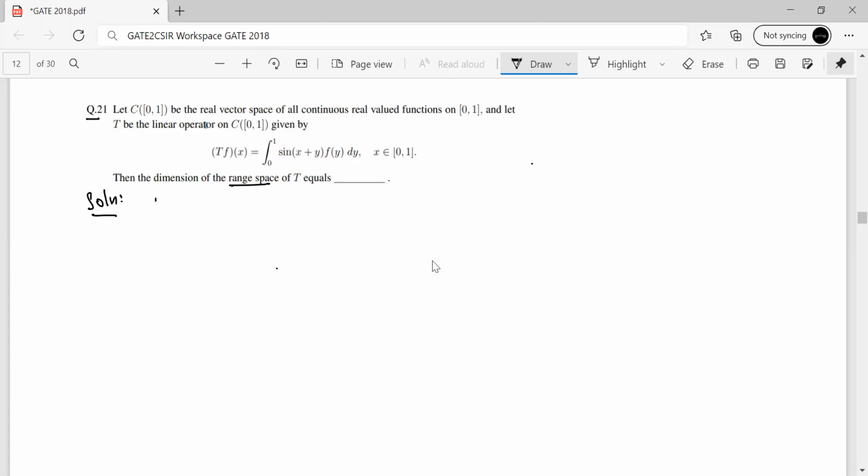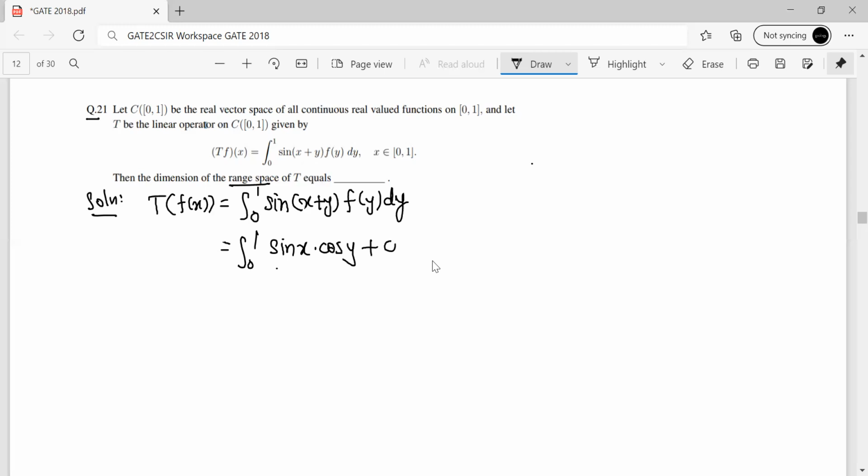So let's consider T of f of x equals integral 0 to 1 sine of (x plus y) into f of y dy. Now apply the formula, so sin x into cos y plus cos x into sin y times f of y dy.